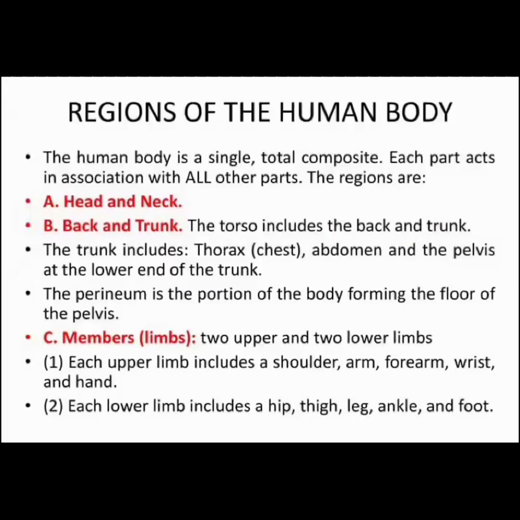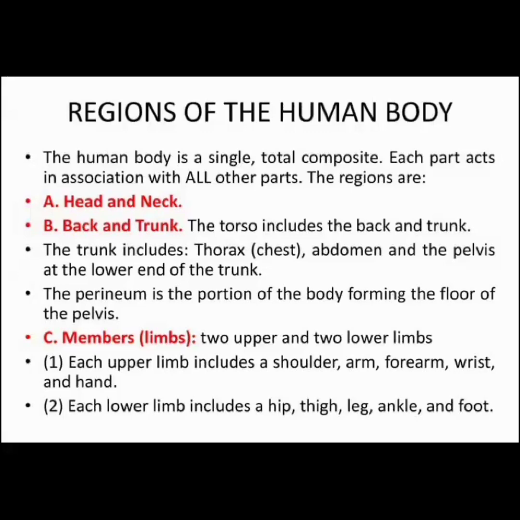Now we will discuss the regions of the human body. The human body is a single total composite. Each part acts in association with all other parts. These regions are head and neck, back and trunk, and members like limbs.